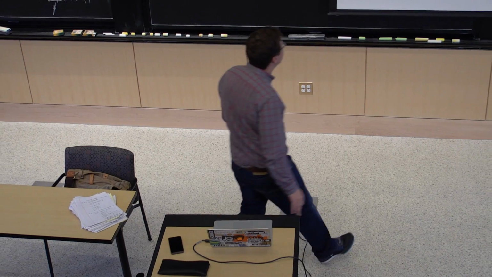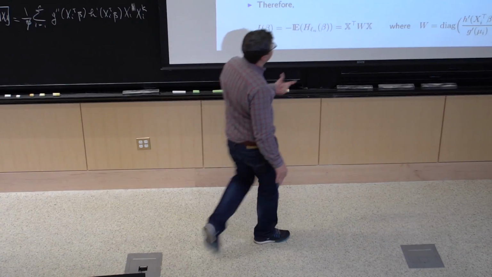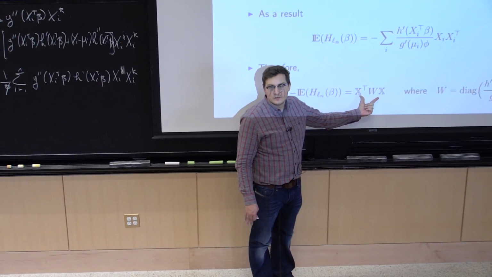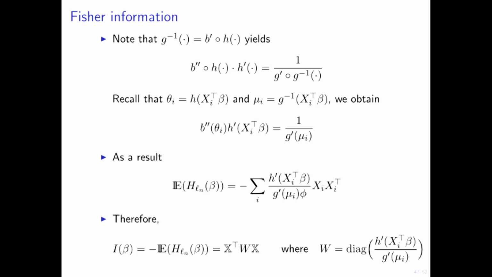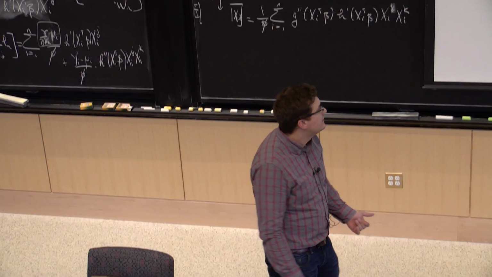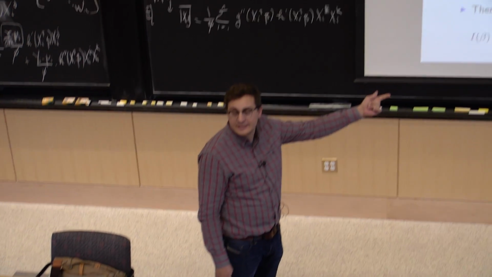So I just want to go back to something that looks eventually like this. Okay, that's what I'm going to want. So I need to have my x_i show up with some weight somehow, and the weight should involve h prime divided by g prime. Okay, and the reason why I want to see g prime coming back is because I had g prime coming in the original w.